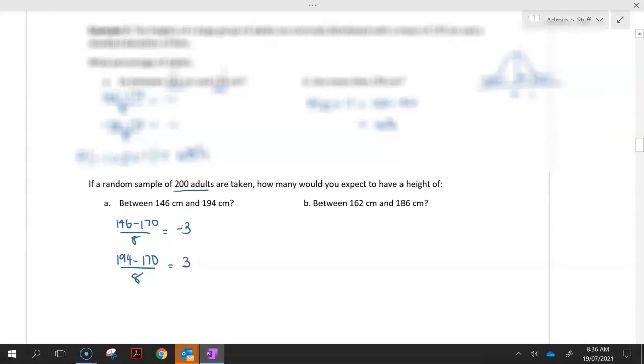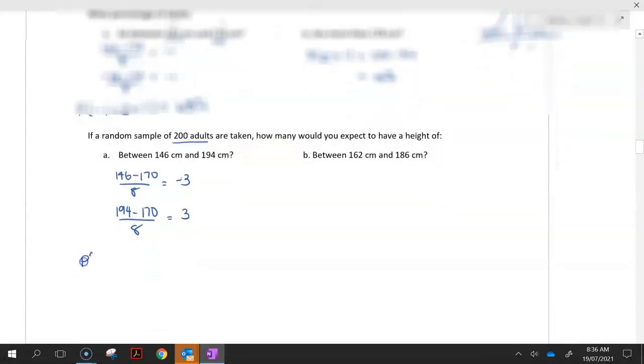So we know that the probability of being between -3 and 3 is 99.7%. So I just need to do 99.7% of 200 adults. So that will be just that times 2, really. So 199.4. So we would expect 199 adults out of the 200. Okay, same thing. You have a go at that one and we'll check that in class.